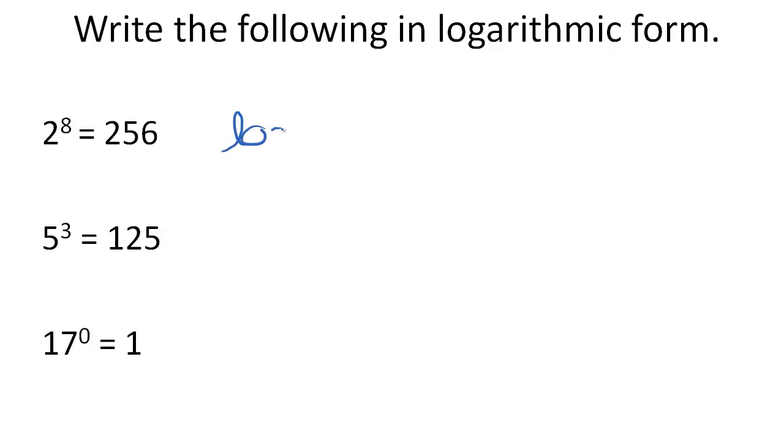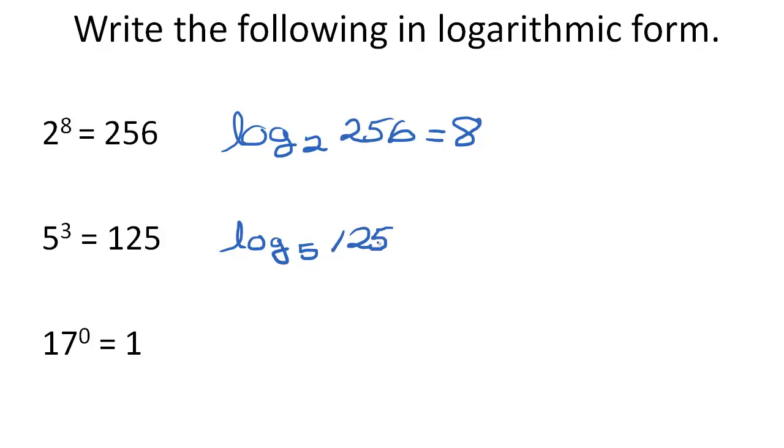Log base 2 of 256 is the answer, 8, the power. 5 to the 3rd equals 125 is rewritten as log base 5 of 125 equals the exponent, which is 3.